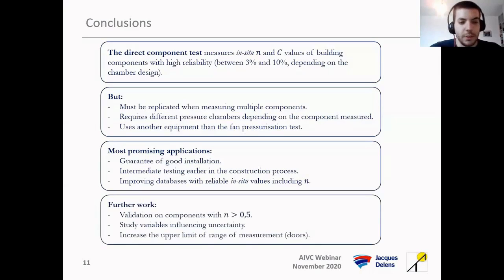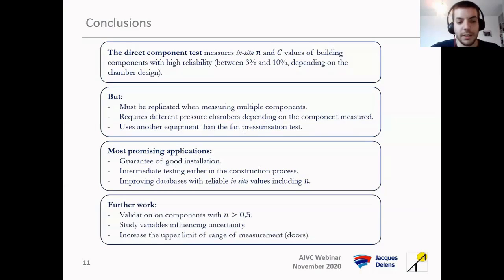Obviously, the work is not over. There is a lot of further work that can be done. Here in my validation, I used large openings with an airflow exponent of 0.5, so it could be very interesting to look at higher values of airflow exponents. There is a lot of work on the study of variables that influence the uncertainty of the method.